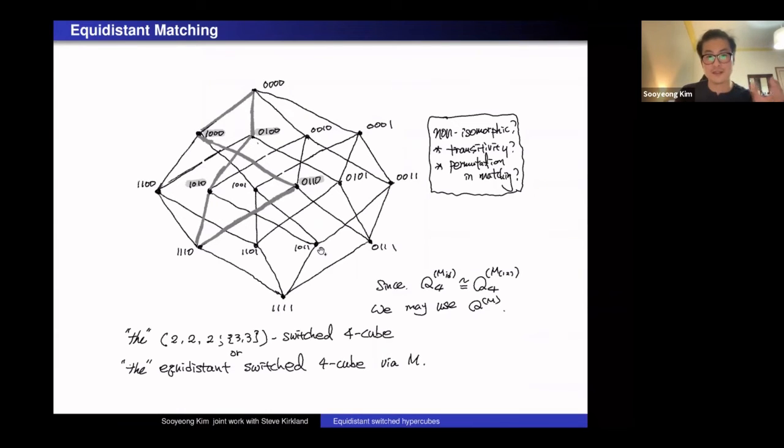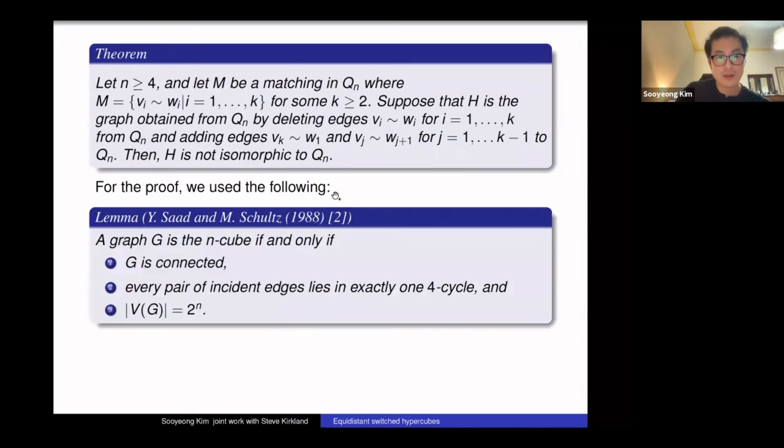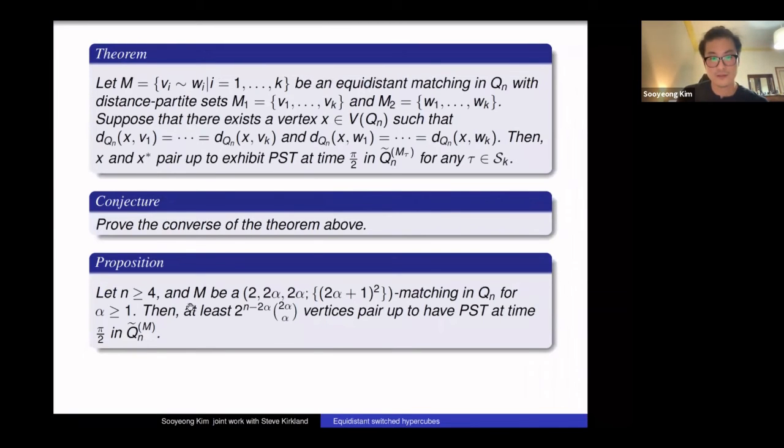So those pairs do not exhibit PST anymore in the resulting graph. So excluding 8 vertices, we have 8 vertices to pair up to have PST. And here we still have to say at least, because this conjecture is not proved yet.